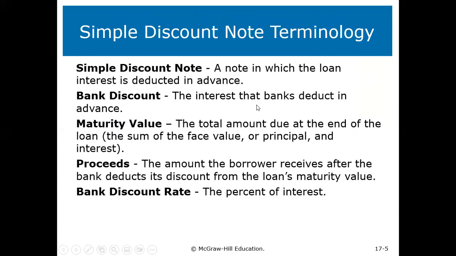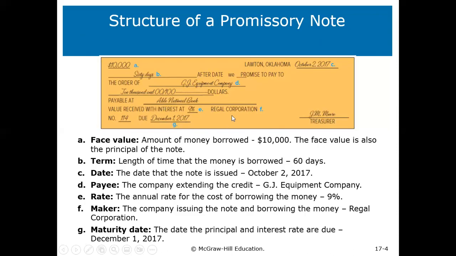Regal Corporation is promising to pay GJ Company on December 17 the amount of 10,000 plus the interest that accrues to it. The term is 60 days, to be paid by deposit at the Able National Bank. So those are the main parts of a promissory note.